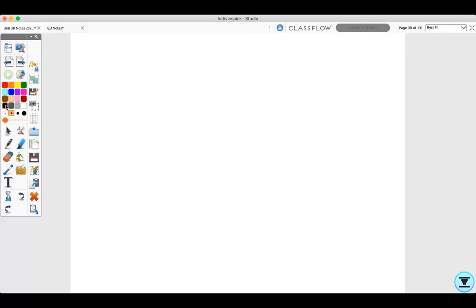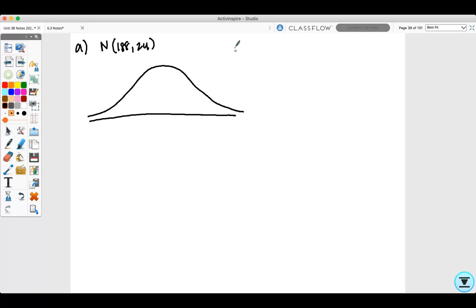So the first thing with A is they want us to draw the normal model. So you should draw the normal model. All of this is the normal model, 188 is our mean and 24 is our standard deviation. For A, we want to draw 3 standard deviations from the mean using our normal model. So this is the cholesterol level with my mean of 188.